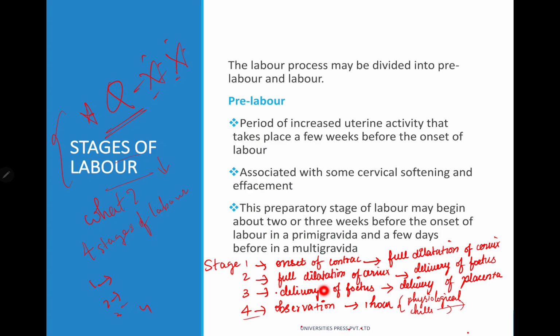So you need to observe. So stage 1 is onset of uterine contraction till full dilatation of the cervix. Stage 2 is from full dilatation of the cervix till delivery of the fetus. Stage 3 is from delivery of the fetus to delivery of the placenta. Stage 4 is observation for 1 hour.